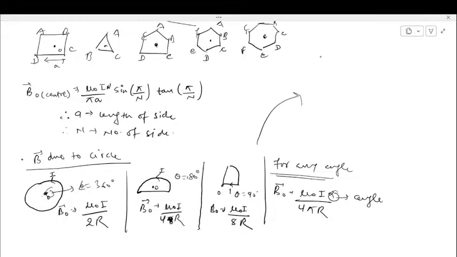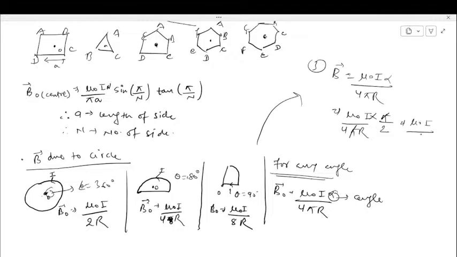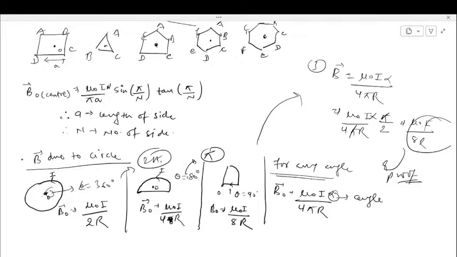If you put the values in the third one, magnetic field is mu naught I alpha upon 4 pi r. Mu naught I, alpha 90 degree, that is pi by 2, upon 4 pi r. Pi cancels with pi. Mu naught I by 8r. Third one, proved. For the second one, this also, pi and 2 pi, we get the same result.